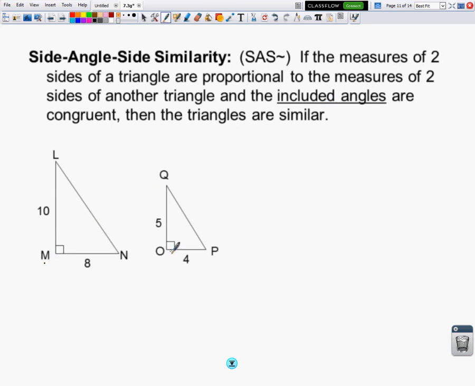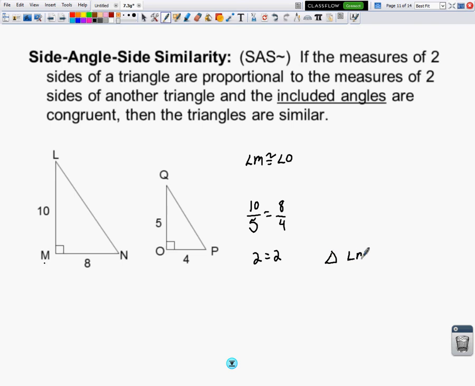Notice, M is congruent to O. They've given me that. So if I can compare 10 to 5, and I can compare 8 to 4, if these are in fact proportional, then these two triangles are similar. Well, 5 goes into 10 twice, 4 goes into 8 twice, so these two sets of corresponding sides were proportional.